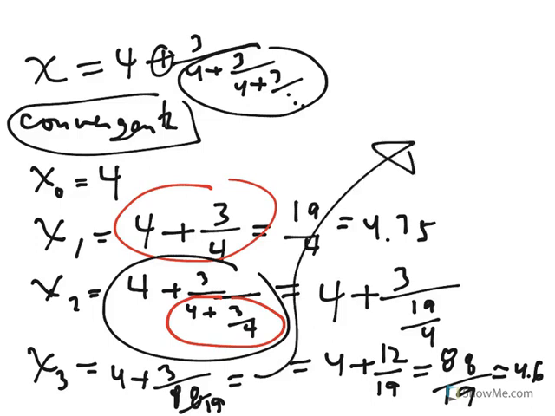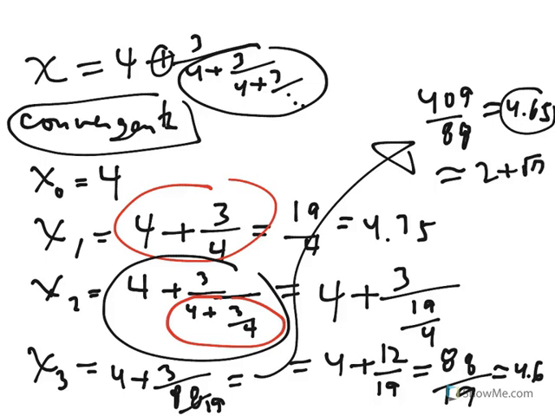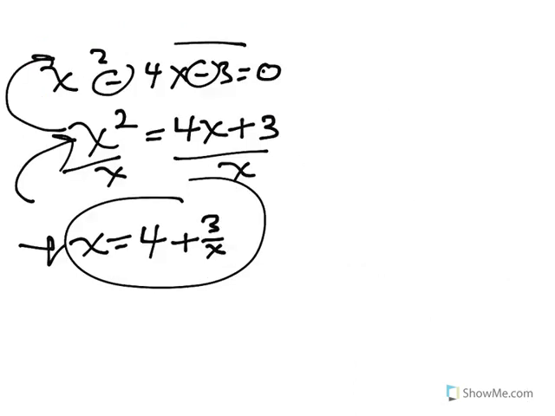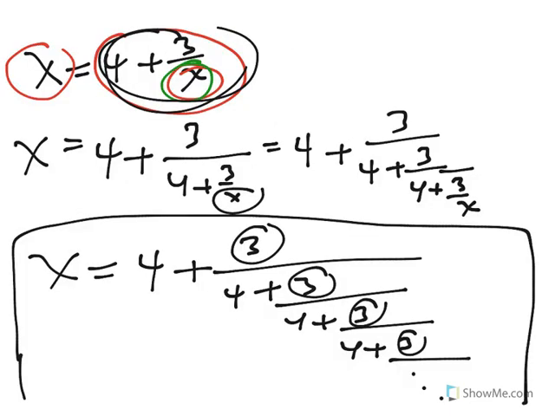That turns eventually into 409 over 88, which is about 4.65, which is a good approximation for 2 plus root 7. It gets us the positive answer. So with no square root or square root algorithm or anything, I'm able to get a nice approximation for the answer to this quadratic equation, x squared minus 4x minus 3 equals 0.